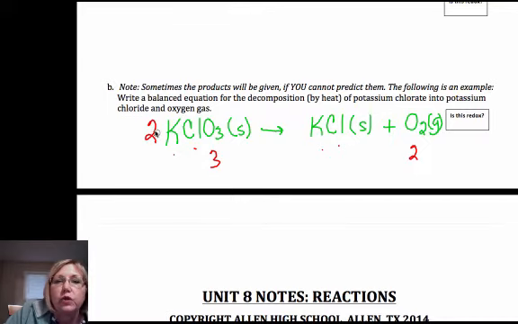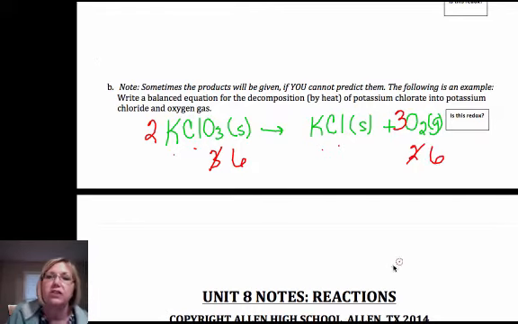So I need a 2, and that gives me 6 oxygens on this side, and I would need a 3, and that gives me 6 oxygens on that side. Now, since we changed some coefficients, you need to double check. Now I have 2 potassiums, and I need 2 potassiums and 2 chlorines there.